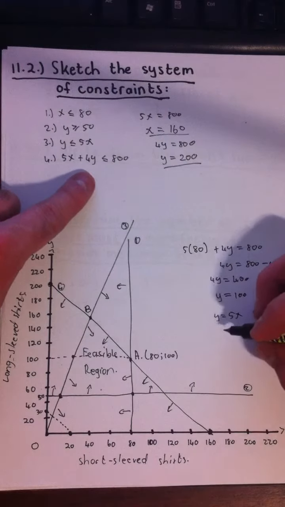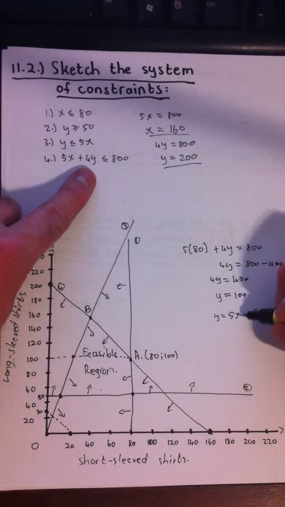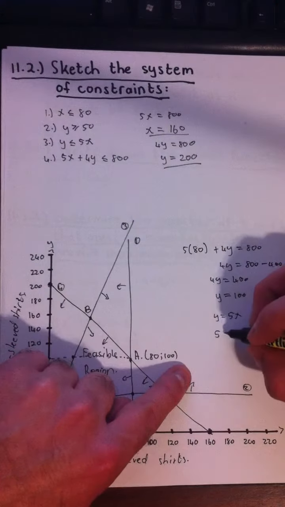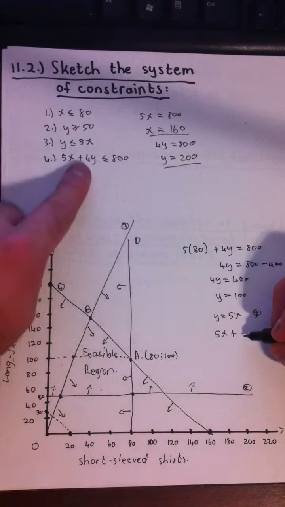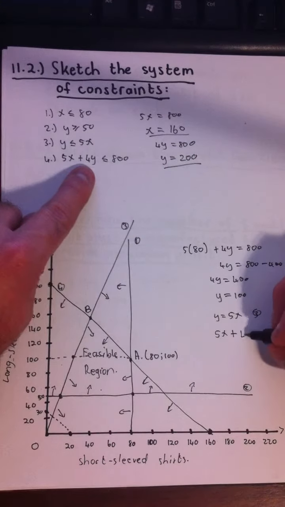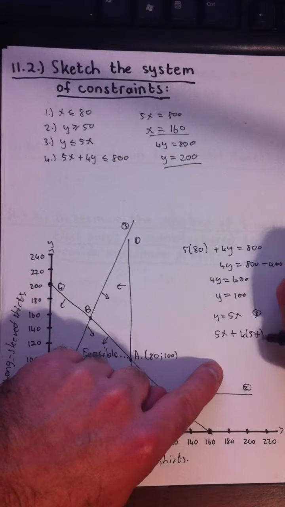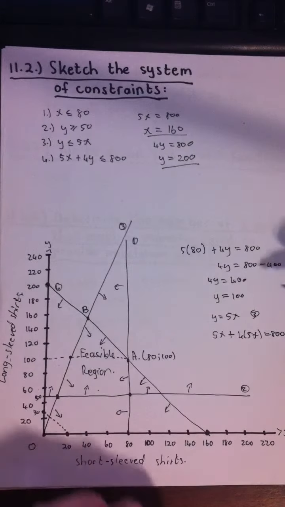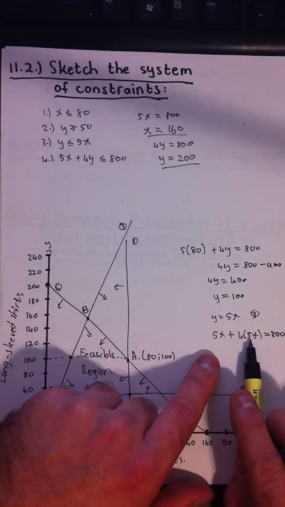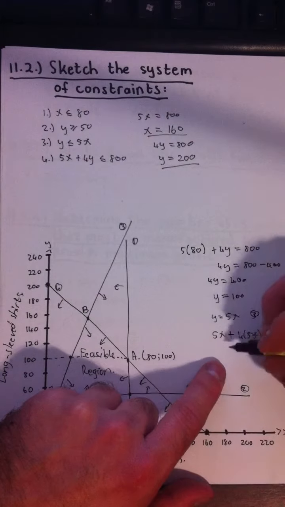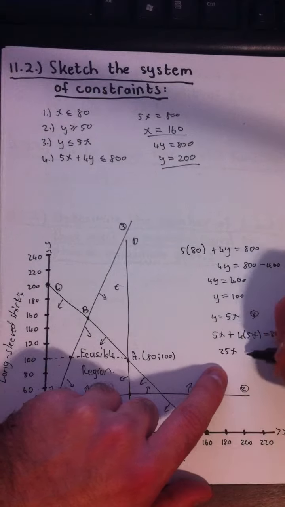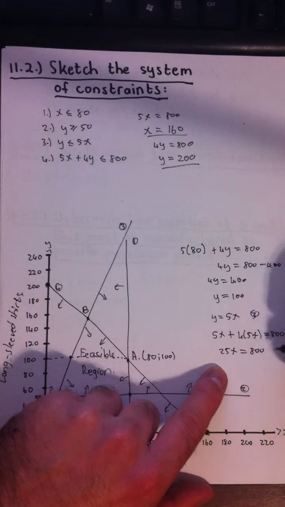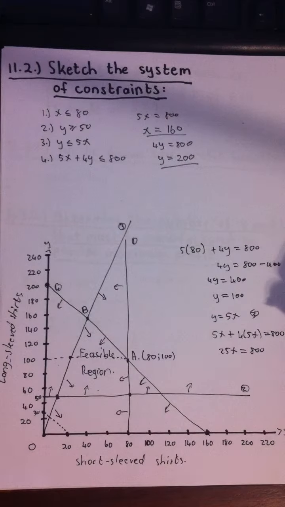But instead of y, we can just plug in 5x. So we have 5x plus 4 times 5x equals 800. So that's 20x plus 5x, 25x equals 800.